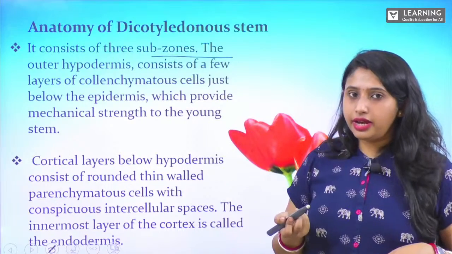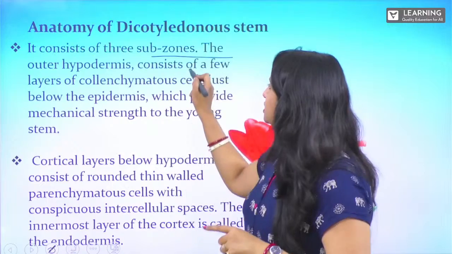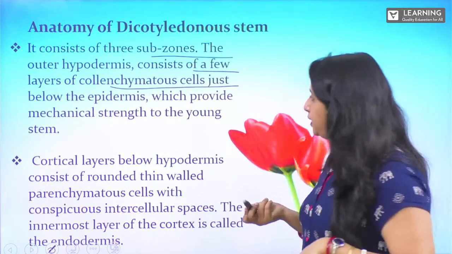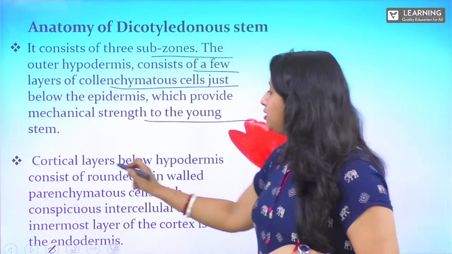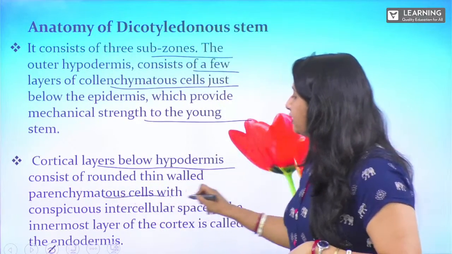As I have said, the cortex has three layers, that is the hypodermis consisting of a few parenchymatous cells just below the epidermis, which provides the mechanical strength, and the cortical layers below the hypodermis consisting of parenchymatous cells.